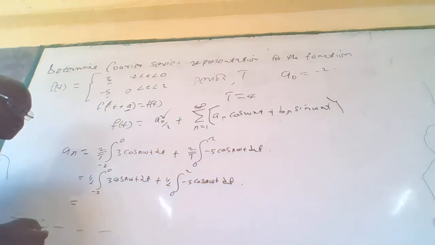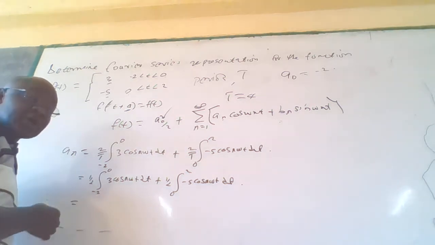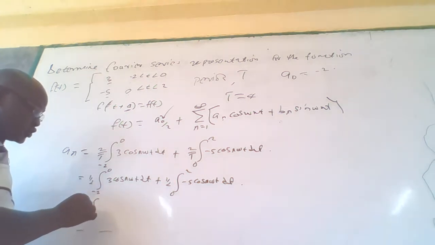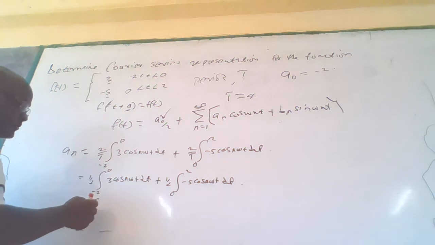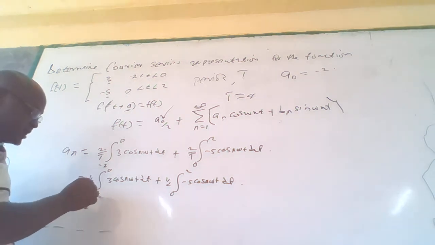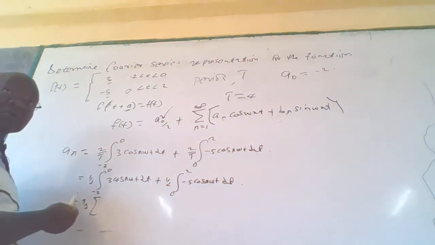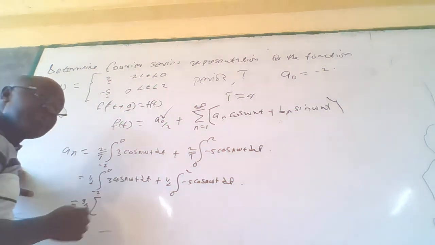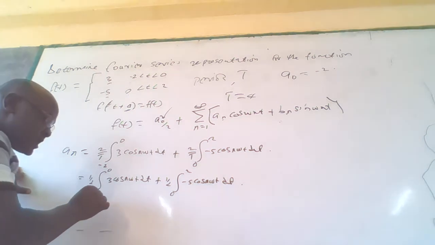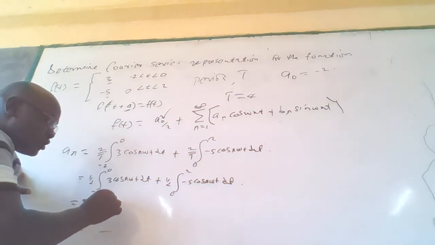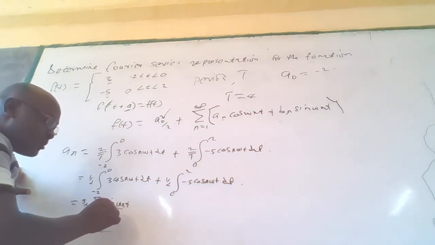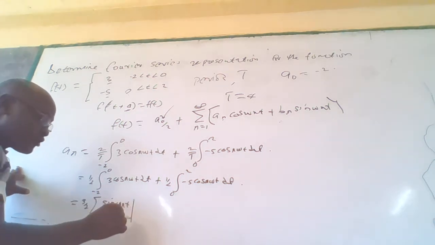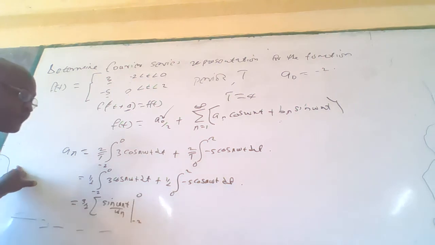So this equals, we can take 3 outside because it's a constant, so that we have 3 over 2 interval of. Now we can integrate this, take 3 outside, and when we integrate cos n omega t, we shall get sine omega n t over omega n, integrating from negative 2 to 0.